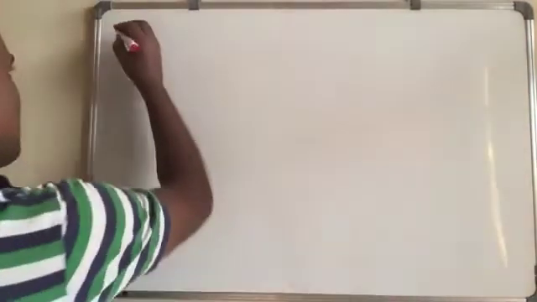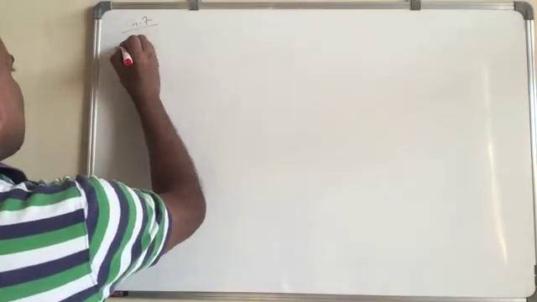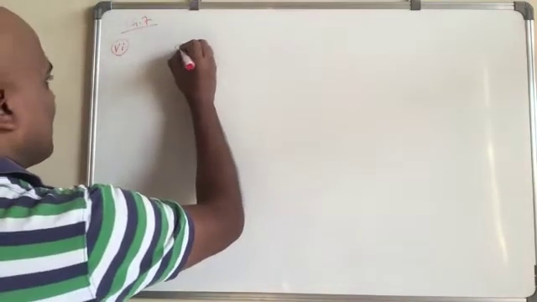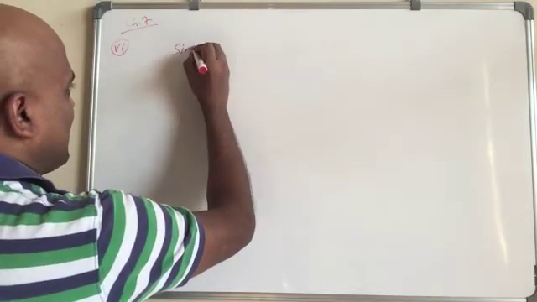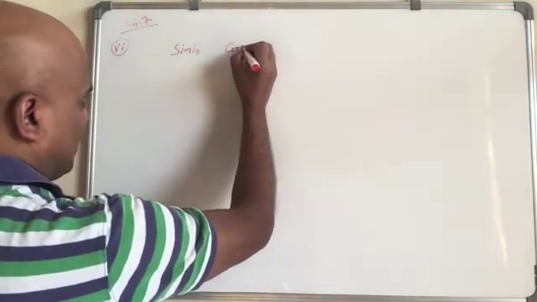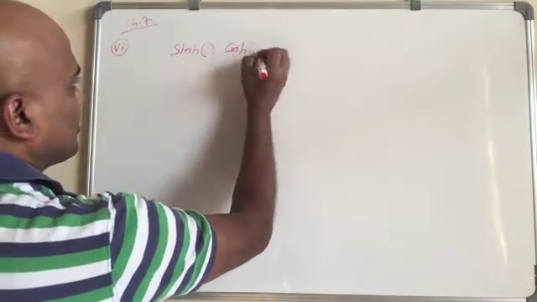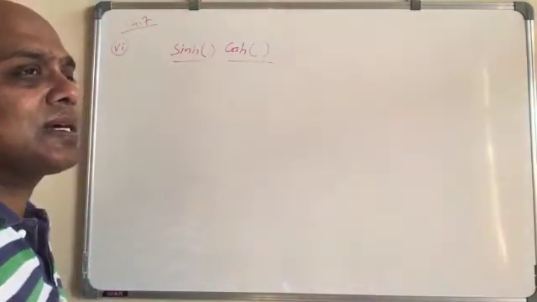The last problem from chapter 7 is about which kind of problems have hyperbolic sine and hyperbolic cosine terms.